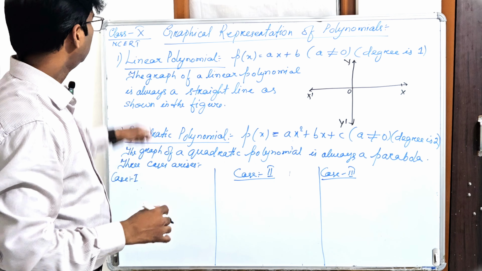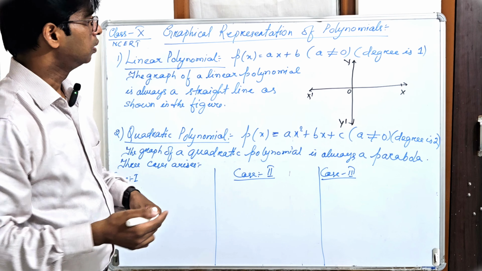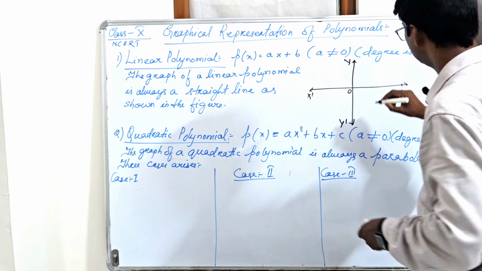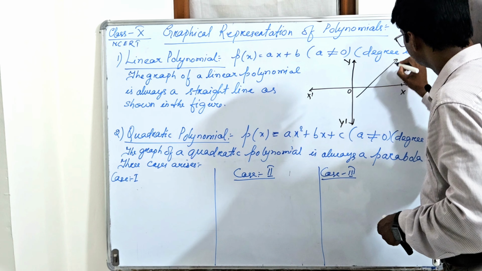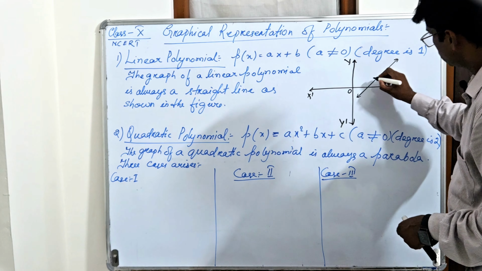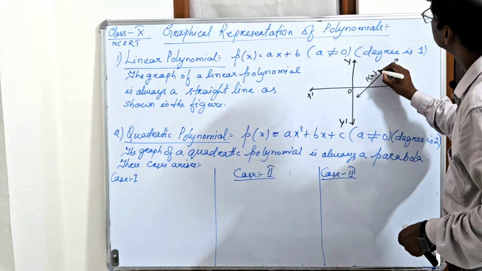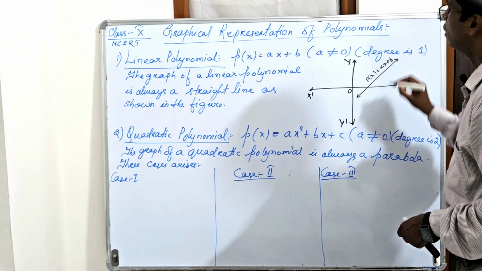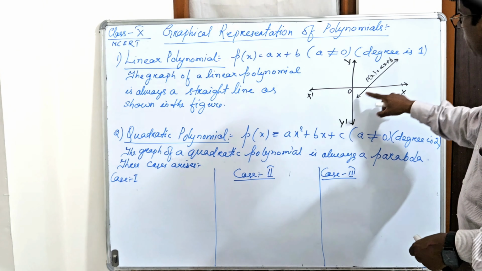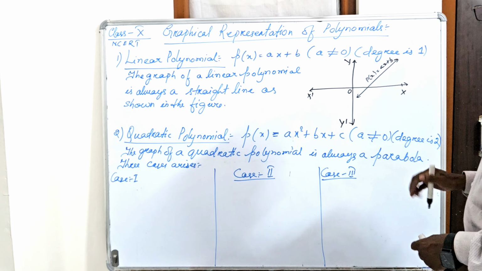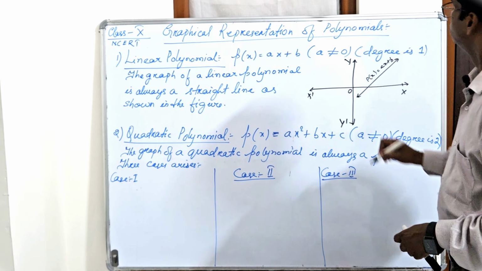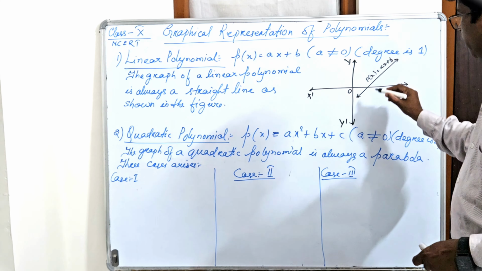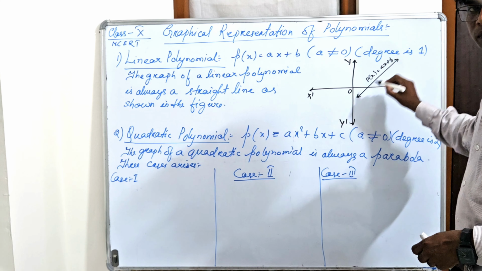So when you go for a linear polynomial, it is always a straight line. It depends upon the coordinates of the points also. If I say the line will be like this, this represents p of x is equal to ax plus b, the graph of the linear polynomial. That means after plotting the points of this graph, I got a straight line here.